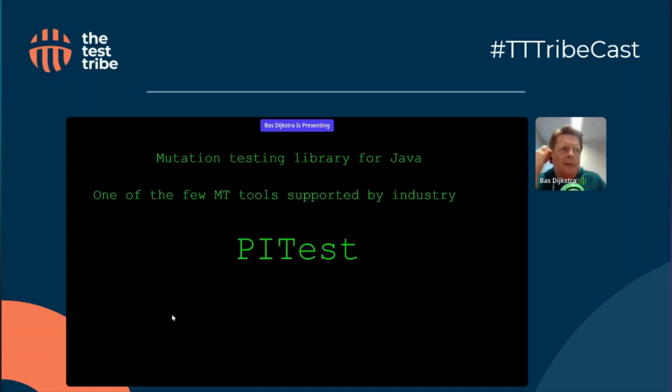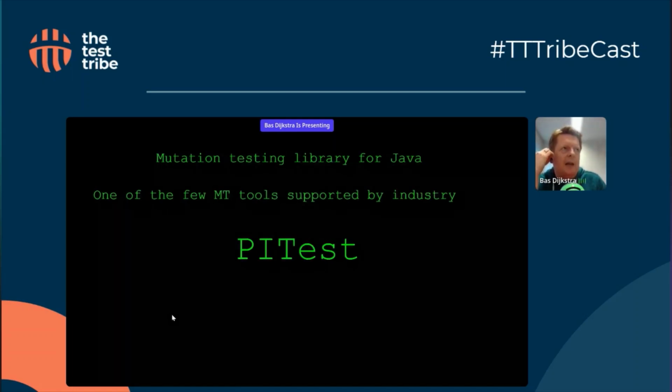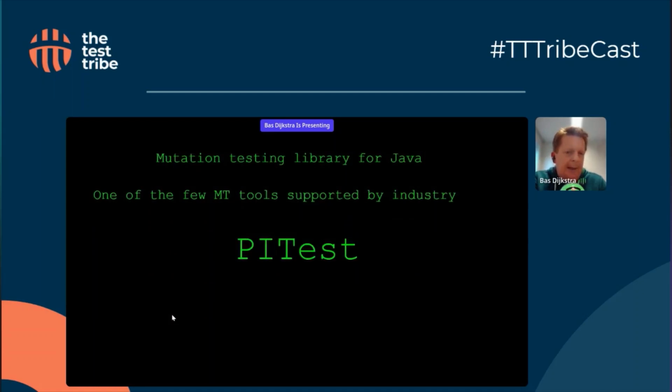Like a lot of mutation testing tools out there, it emerged in academia. So there's a lot of academic research going on around mutation testing, and a lot of different tools emerged from academia in this area. Pitest is one of the few mutation testing tools that's actively supported also by industry.